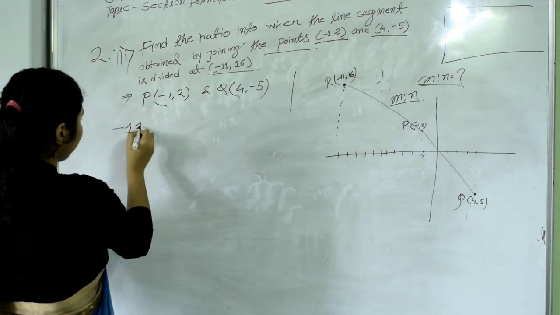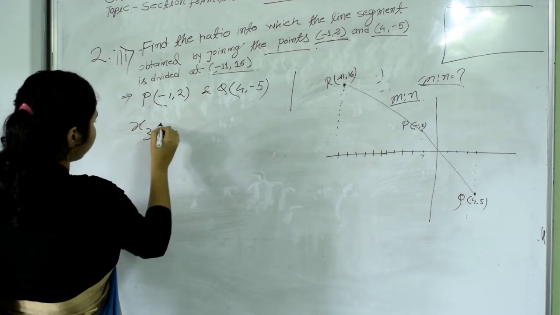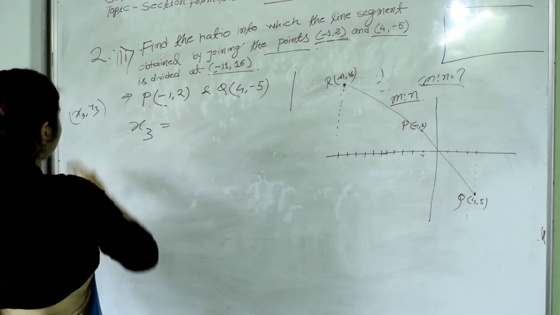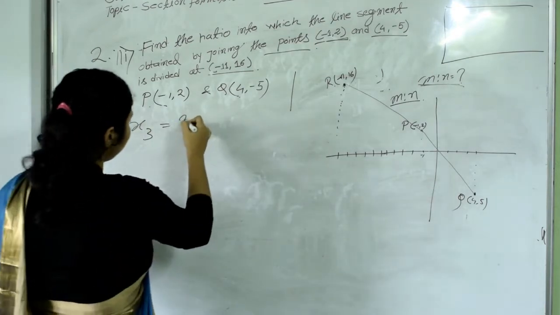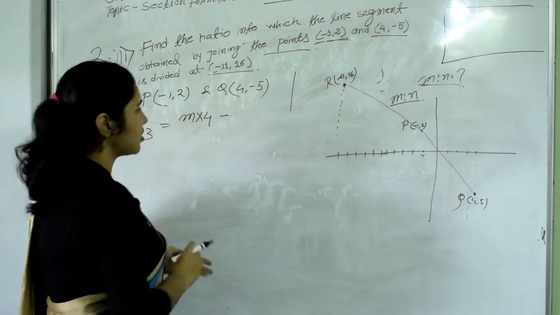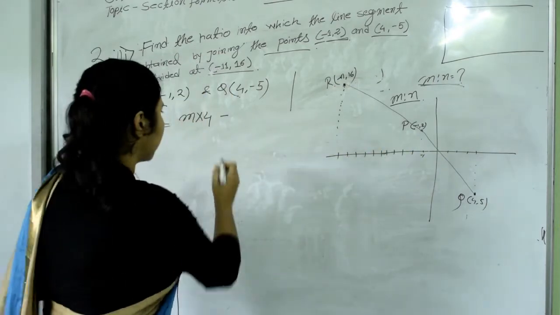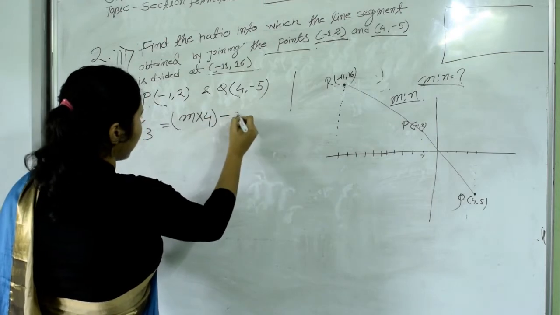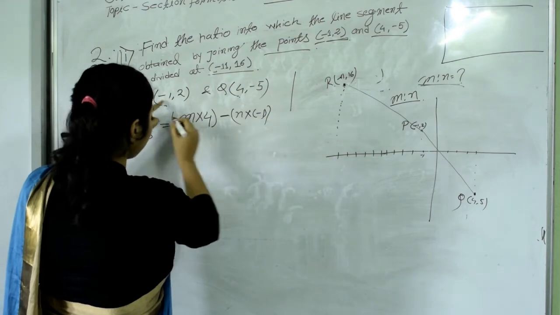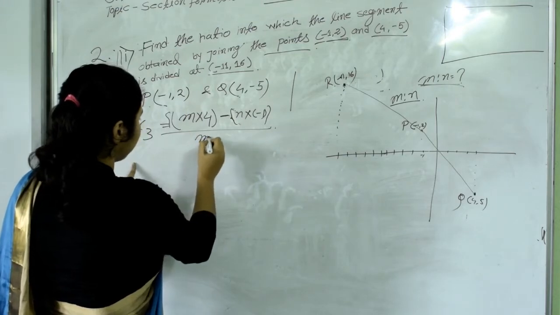Now we know that the coordinates of R, suppose x3 and y3, then the value of x3 is equal to m into x2, which is 4, minus, because this point R divides this line segment externally, that's why minus n into x1, which is -1, by m minus n.